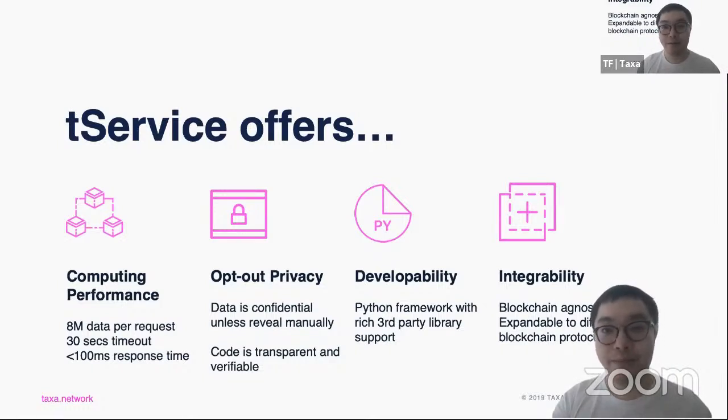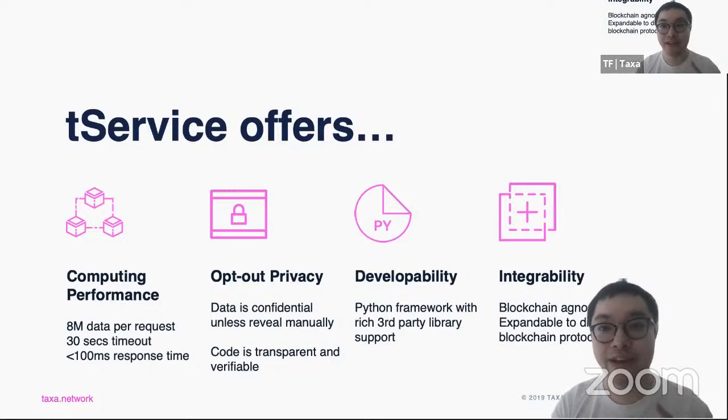For the developer environment, we migrated an entire Python runtime environment inside the TEE. Currently, we are using CPU-based SGX technology. The reason we chose Python, rather than what's commonly seen in Oasis or Fella, which use WebAssembly and Rust, is that there are two benefits. First, the library support.